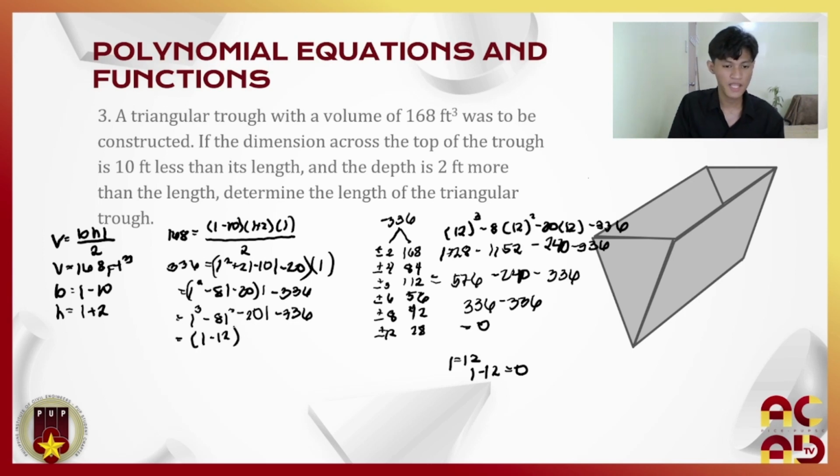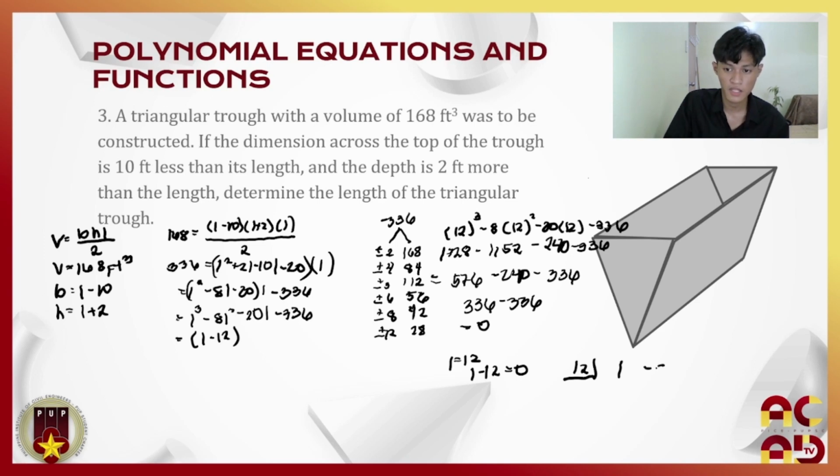And then, kailangan pa natin hanapin yung other factor in order for us to ensure na ito lang yung factor or meron pang ibang possible value ng length. So let's do synthetic division. Lagay natin yung mga coefficient dito.